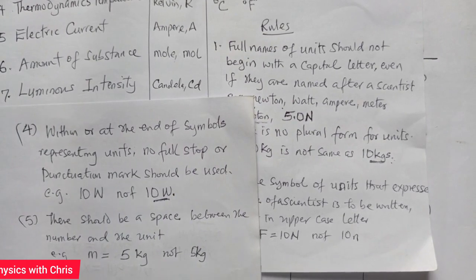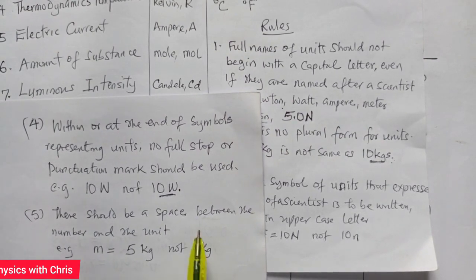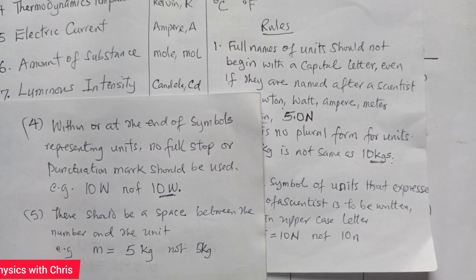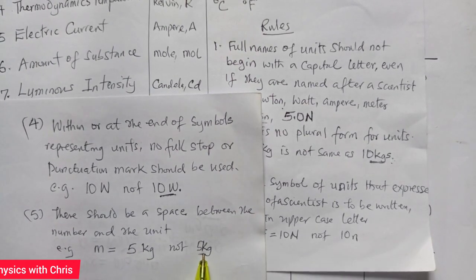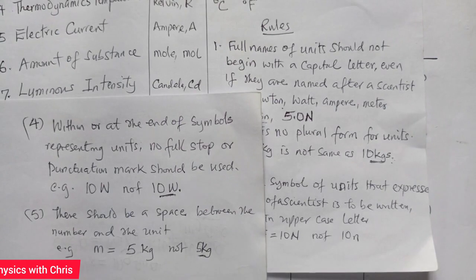Then the fifth one says there should be a space between the number and the unit. For example, when stating the mass of a body as 5 kg, there should be a space between the 5 and the kg, not this. So these are the rules for writing units of physical quantities. The next video will look at derived quantities and how to derive their units.